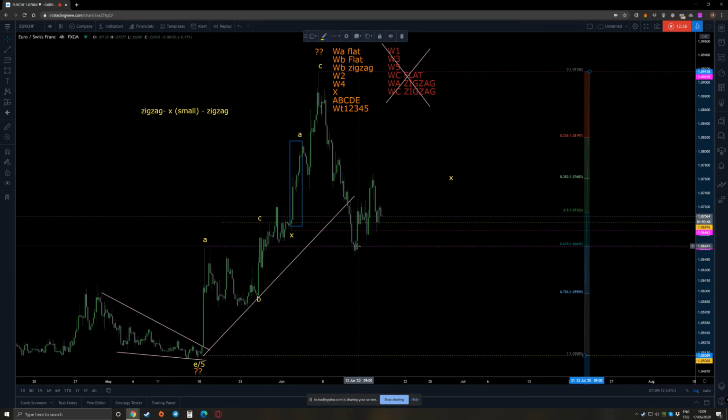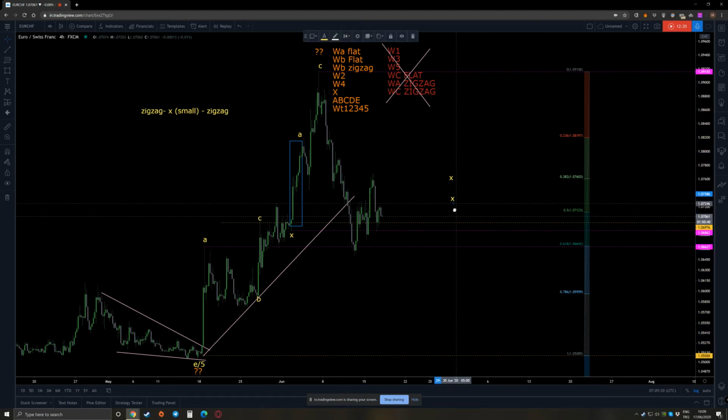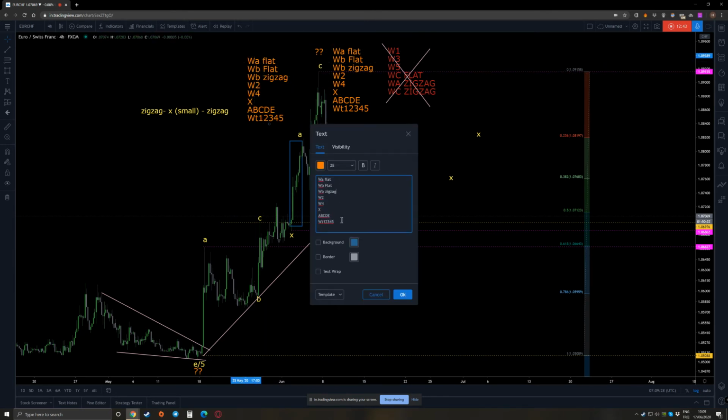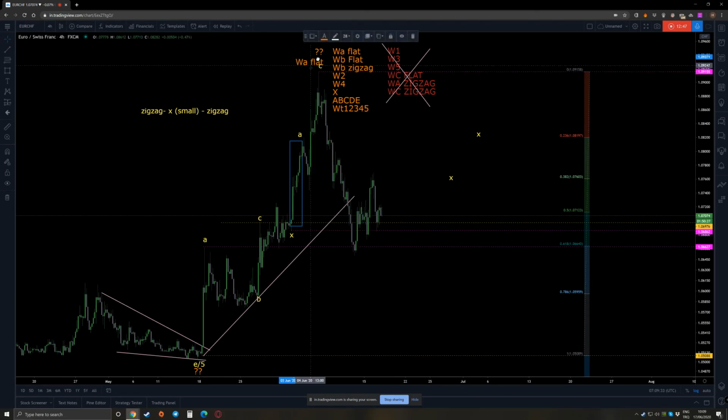But just because it's touched 0.618, it doesn't mean that, for example, whatever this is, let's say this is wave A of a flat, okay? As an example, not correct, question mark, but wave A of a flat.